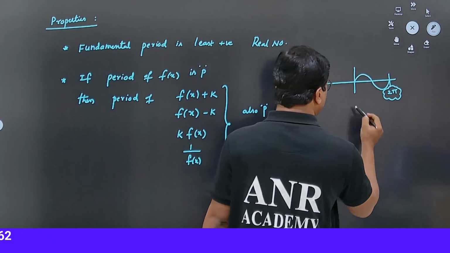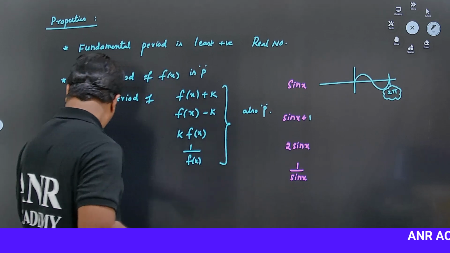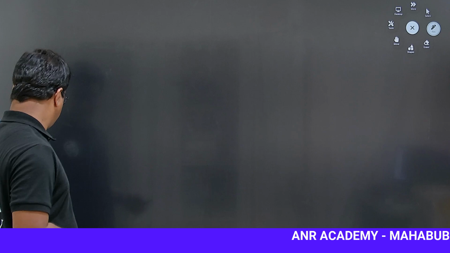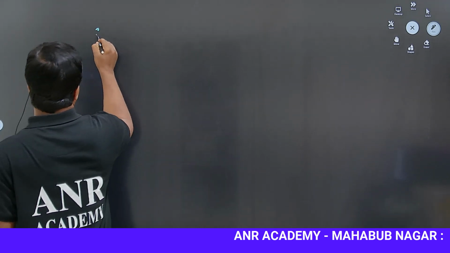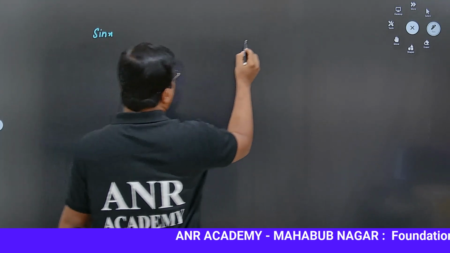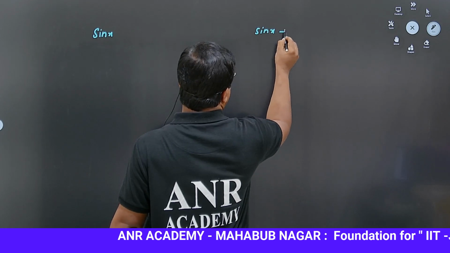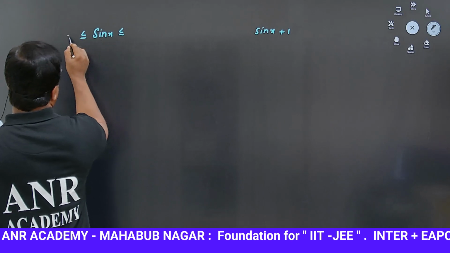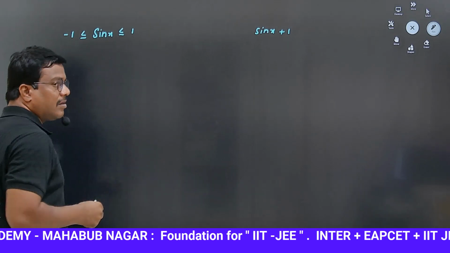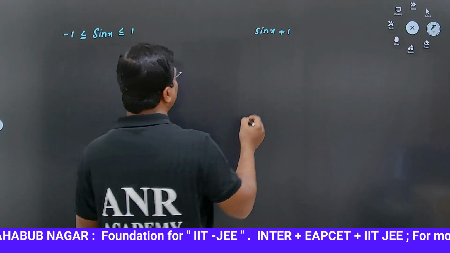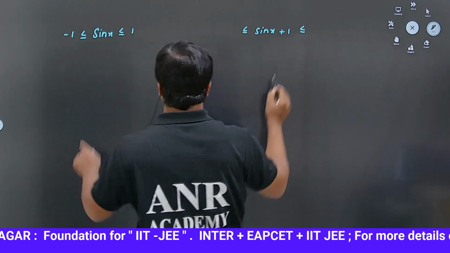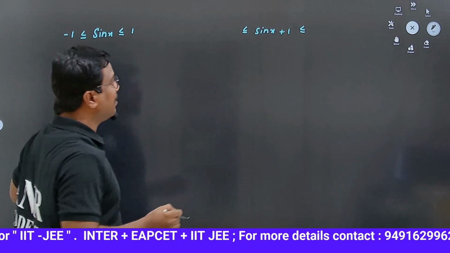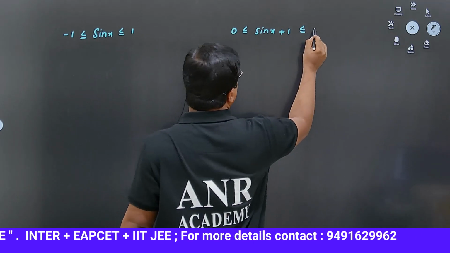For example, another page I am going to select. Sin x and the graph of sin x plus 1. You know that the sin x graph has its range between -1 and +1. When you add 1 here, then here you have to add 1 and here you have to add 1, so that we get 0 to 2.